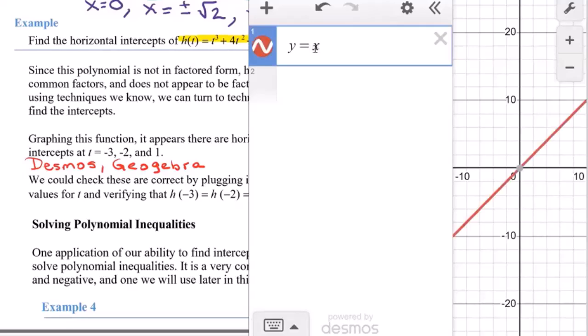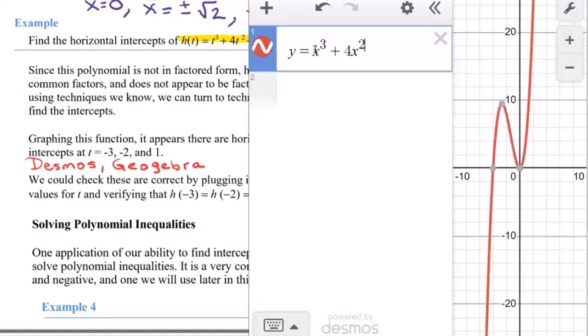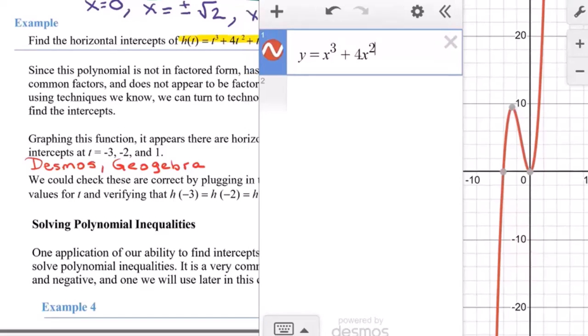So we'll say x, I'm pressing shift 6, which gives me an exponent, and that exponent is 3, plus 4x to the second power, and then let's see what else we have, plus x minus 6.